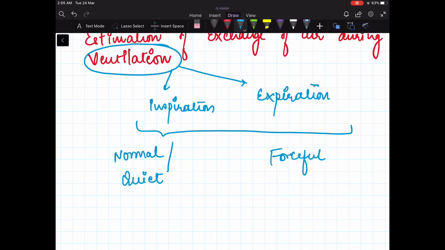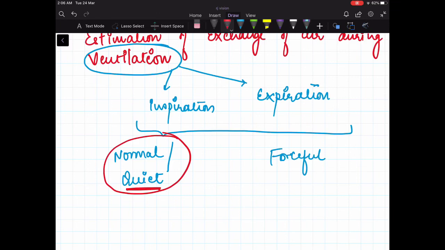However, when you require more oxygen, when you have to expel more carbon dioxide, then you have to do a forceful inspiration like this, or a forceful expiration like this. So, you could have a normal or quiet inspiration expiration. It's called quiet because you cannot hear it.